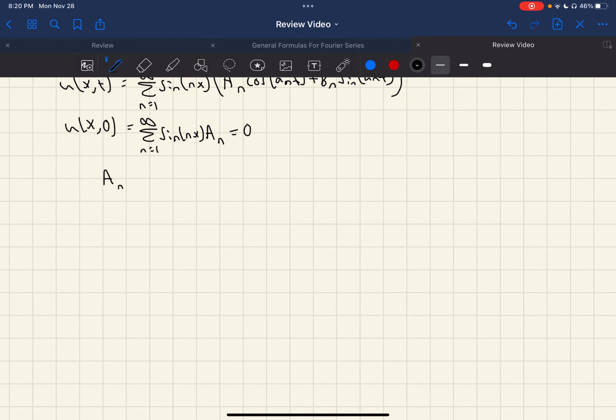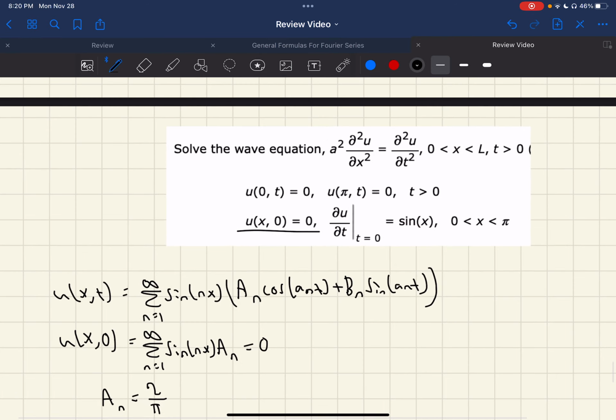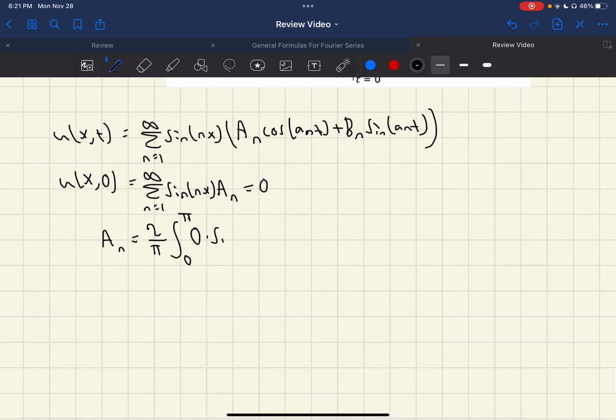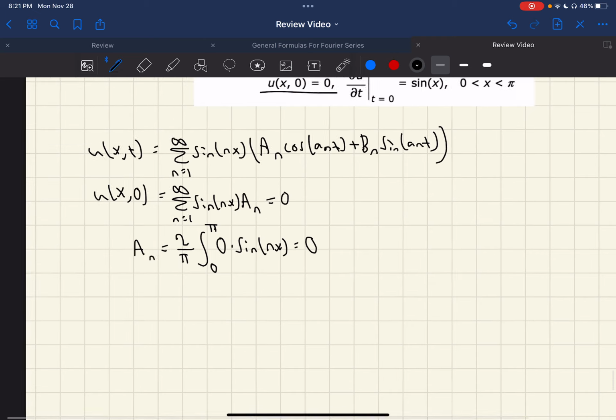When we solve for an, we know that this is a half-range sine series. So we do, well, not 2 over L, 2 over pi, yeah, from 0 to pi, but because this condition is 0, the whole thing is 0, so this time an is 0.